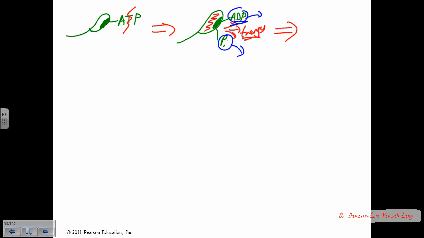So it will fall off. As soon as it falls off, ATP is going to come immediately and attach. Okay? And as soon as ATP attaches, its shape will change and it's going to fall off. It can no longer attach to the thin filament.